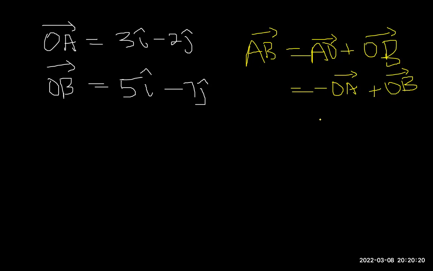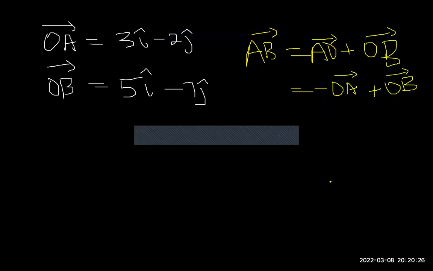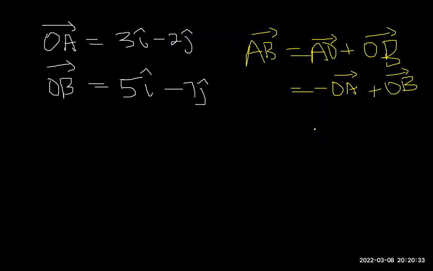That's why it's important to write all your steps. Don't take anything for granted because you could lose unnecessary marks, and we need you to get as close to the total as possible. So just to be safe, after you write AB is AO plus OB, write minus OA plus OB, because there is a possibility that they mark this. All right, let me continue now.